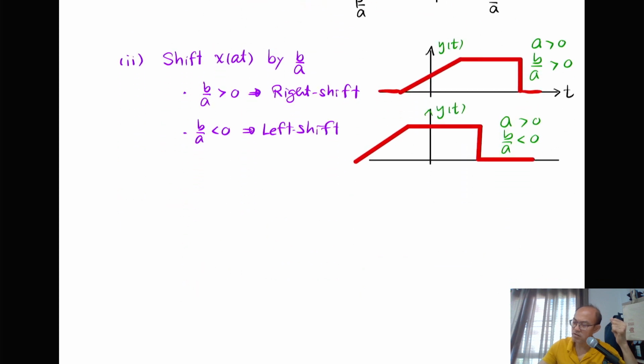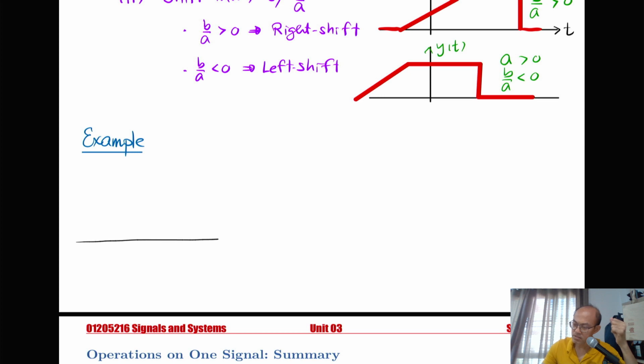Okay, for example, suppose we are given this signal. Suppose this is x.